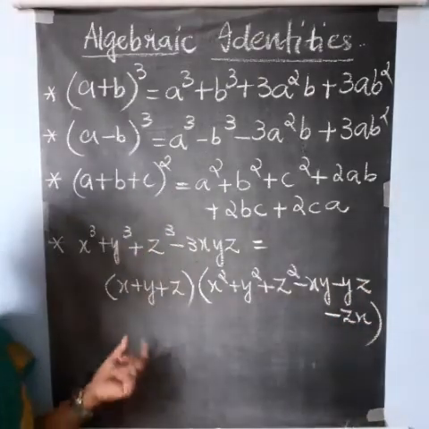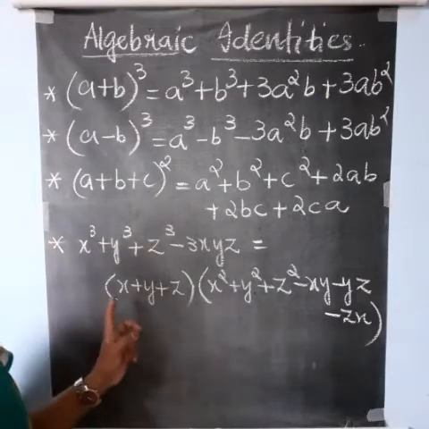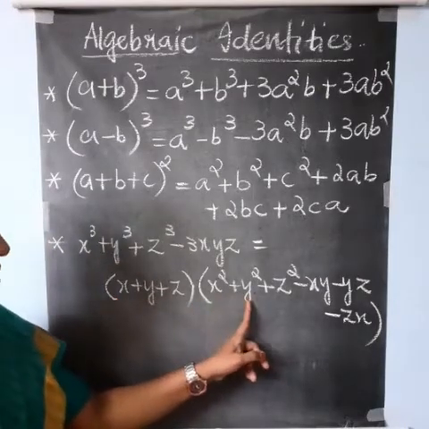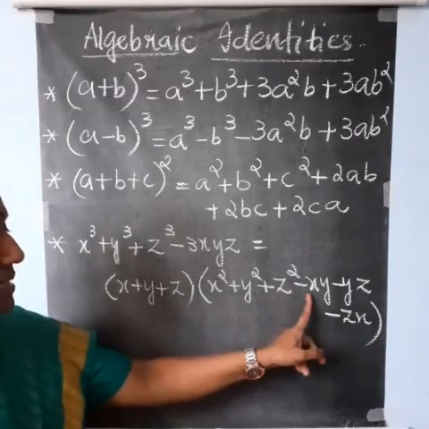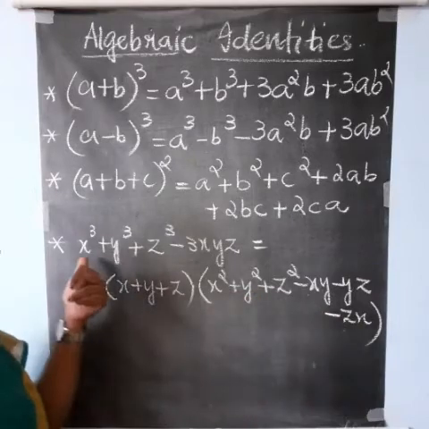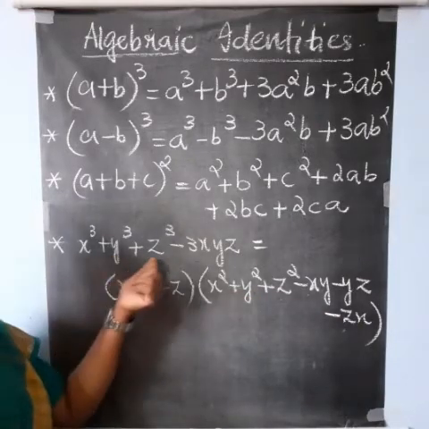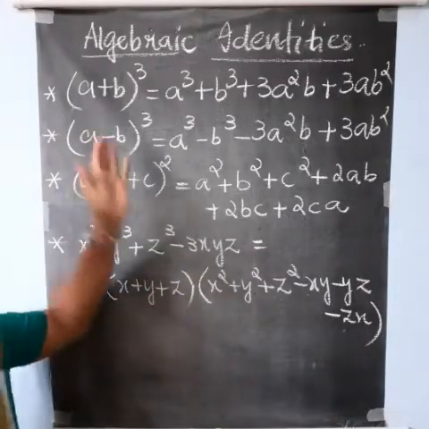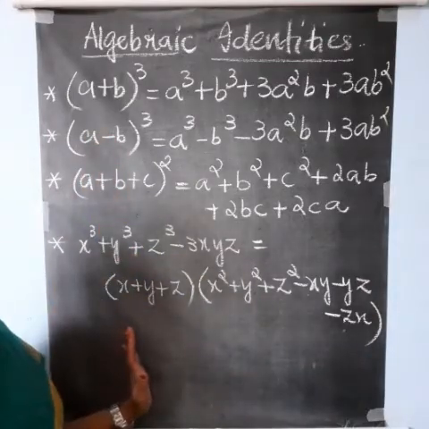Okay, so it's a product of 2 terms. The first term is x plus y plus z, into x squared plus y squared plus z squared minus xy minus yz minus zx, which is equal to x cubed plus y cubed plus z cubed minus 3xyz. Now these are the identities that you will use this year.